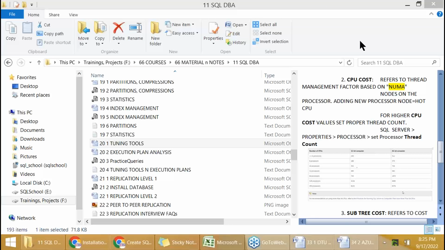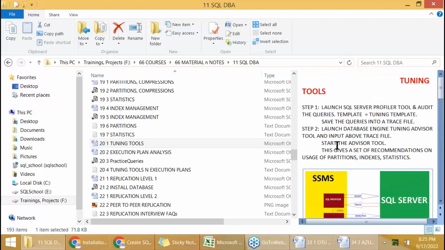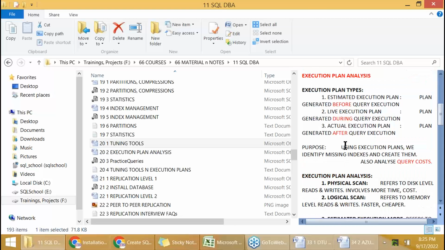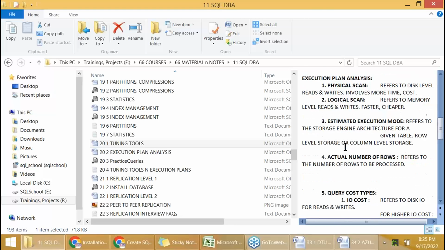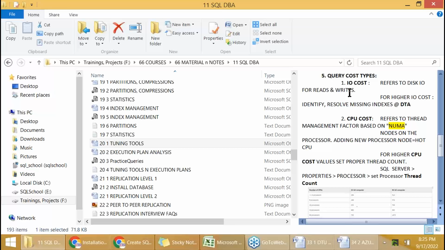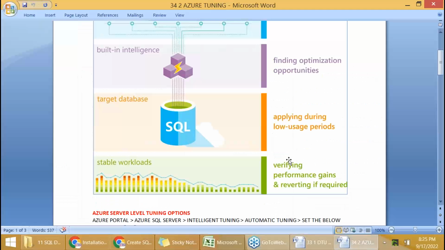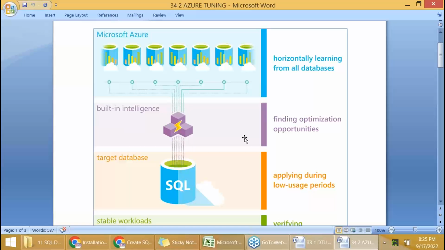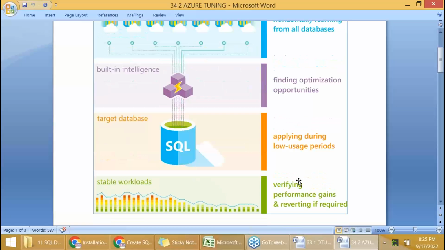Where are we? We have the profiler tool. From there we go to the DTA tool, and we also need to work with query costs, NUMA nodes, right? In an on-premise, non-cloud environment. But now in the cloud environment, everything is automated. No DTA tool, no profiler tool, everything automated.